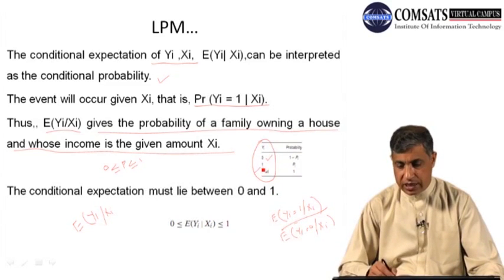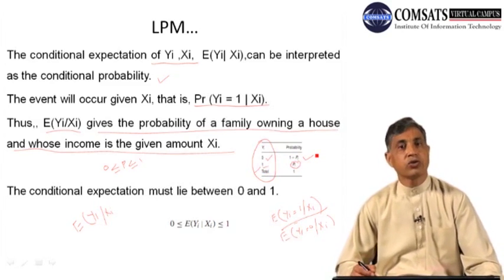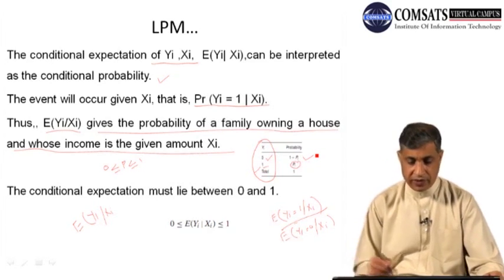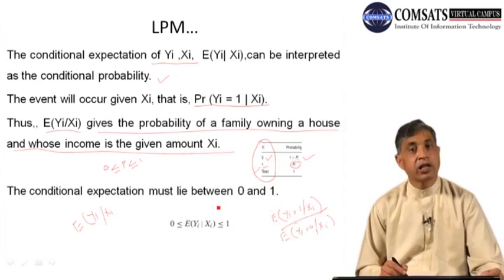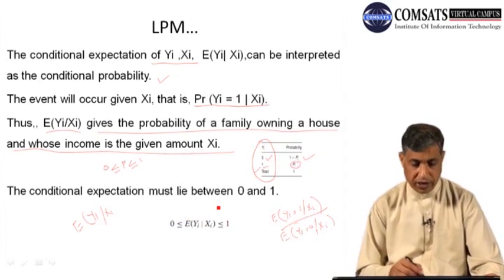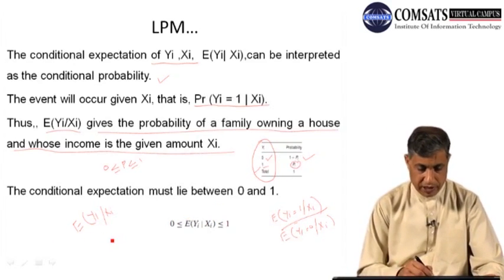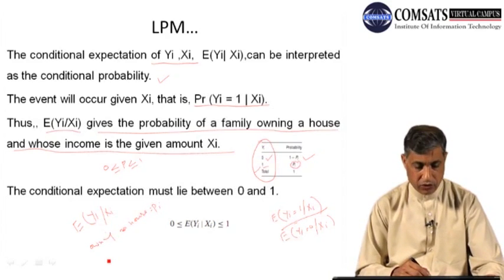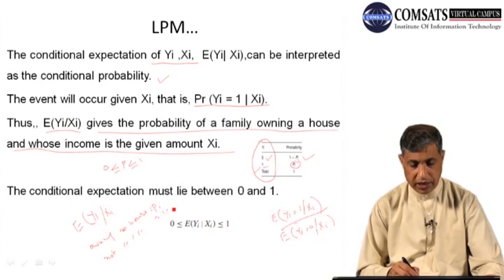So what is this? If the probability of owning a house is pi, the probability of not owning a house is 1 minus pi, because this is a binary variable, and their total should be equal to 1. So the probability of owning a house is pi, and not owning a house is 1 minus pi.